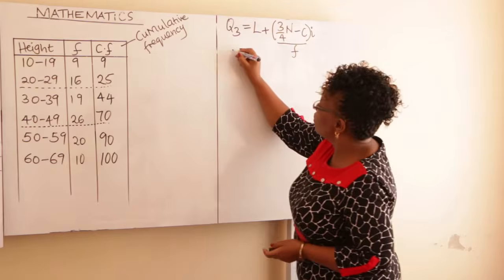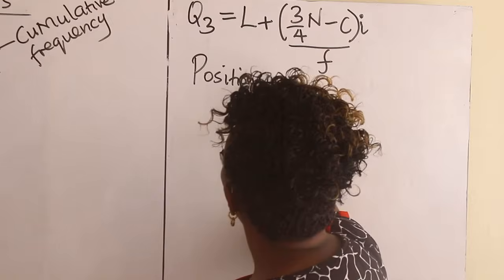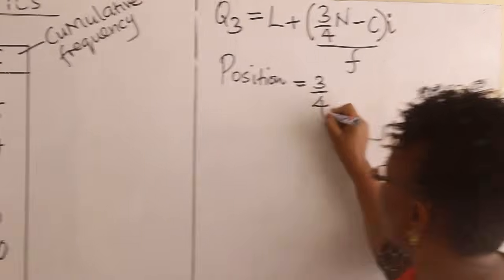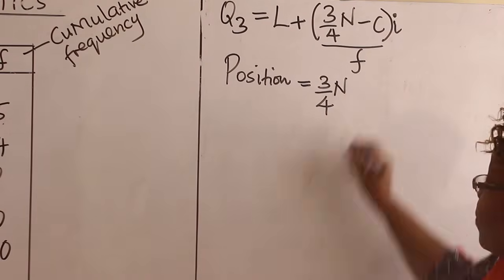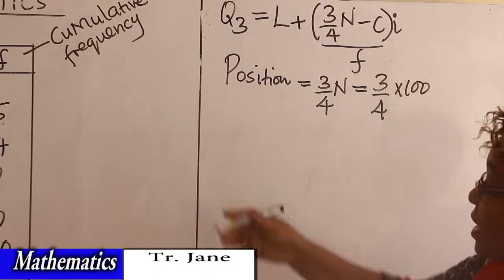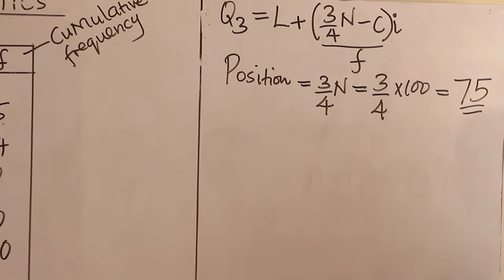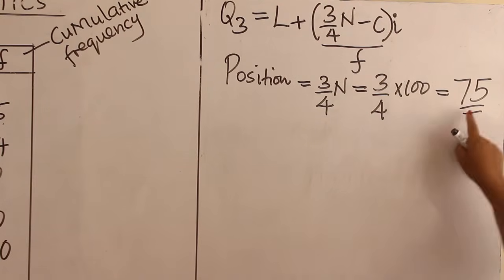So again you look for the position of the upper quartile. It is 3 over 4 of n, right? And our n is 100 from the data. And therefore this gives you 75. Our upper quartile is on the 75th position.